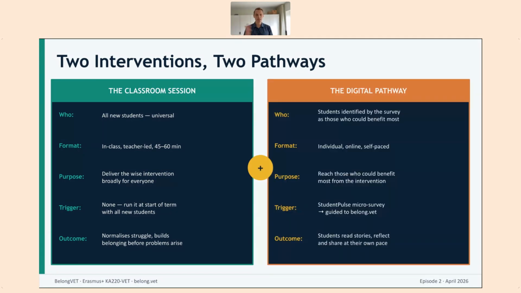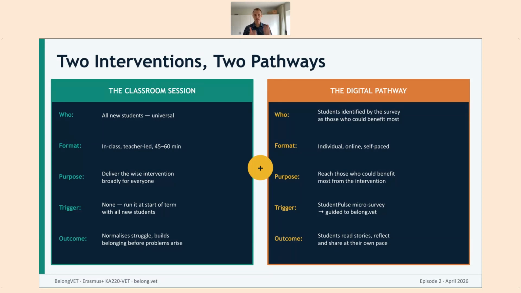And then there is the digital pathway. The digital pathway here is a different one. So that's essentially students that receive a survey. The survey could be an email, it could be a QR code, it could be an SMS or text message.